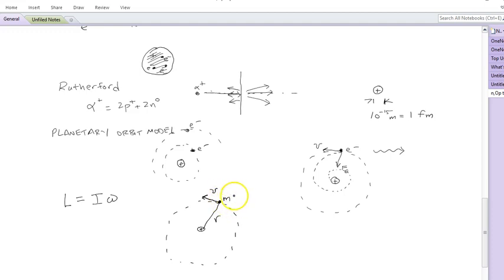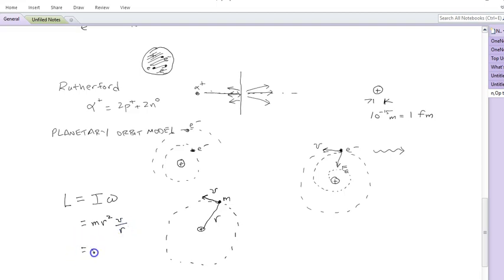You're assuming all the mass of the electron is at one point. In that case, the moment of inertia is just all that mass times the distance of that mass from the rotation axis squared. So the moment of inertia for a point particle is just mr squared. Omega, you might recall, is the tangential speed over the radius.